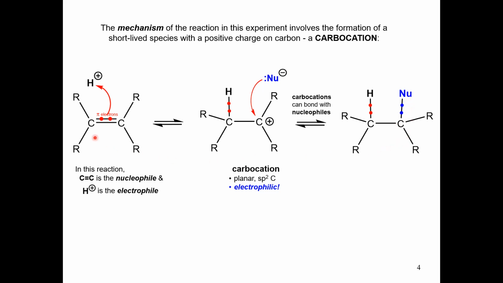So you can see that overall you've done an addition of H and Nu across the carbon-carbon double bond of the alkene. The H came from the proton source, and the Nu portion came from atoms, or an atom from the nucleophile.